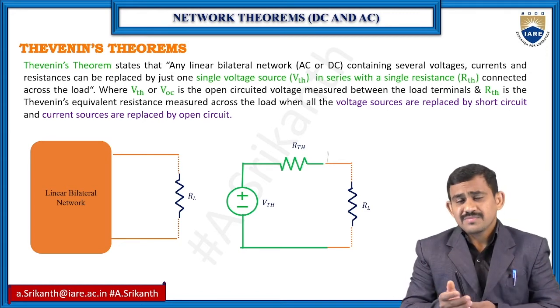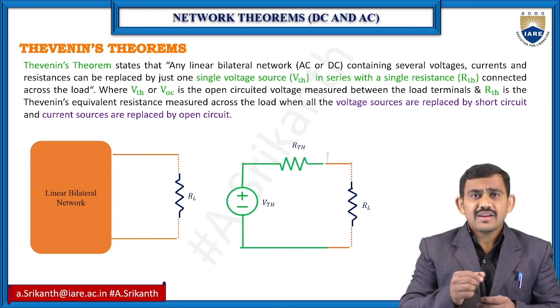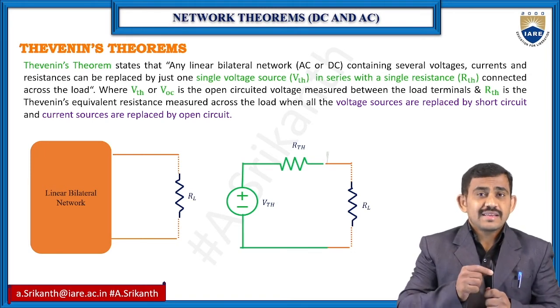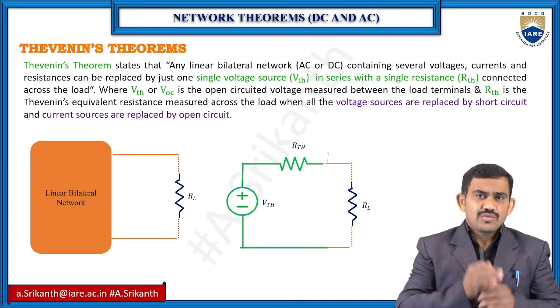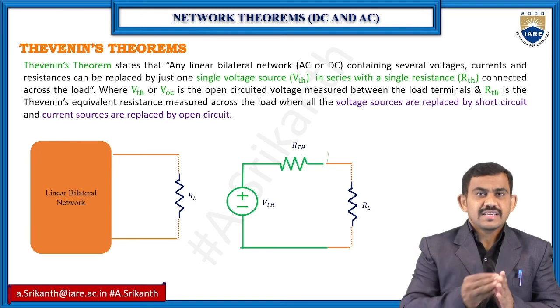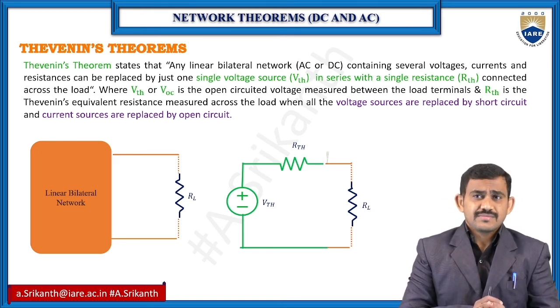In Norton's theorem we have a current source, with the impedance in parallel. So Thevenin has a voltage source in series with one resistor, and Norton has a current source in parallel with that resistor.